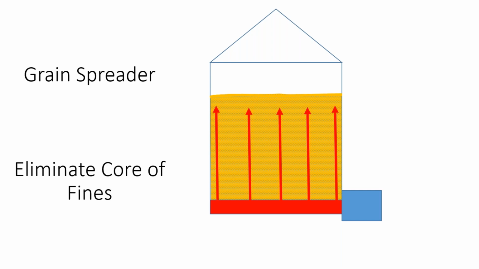Other ways of addressing it are really focusing on getting good airflow through the core of your grain bin, and that is my preference to deal with it. It just is a simpler method, but there are lots of ways of addressing this, and it's just important to be aware.